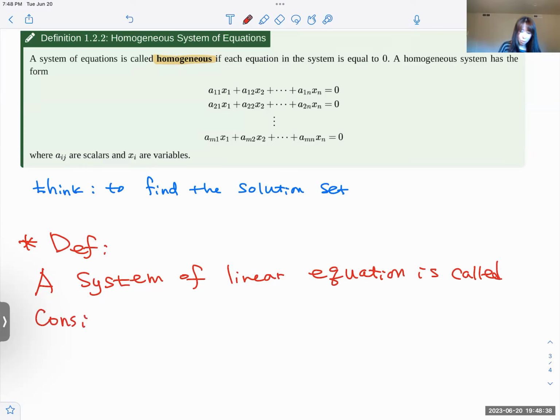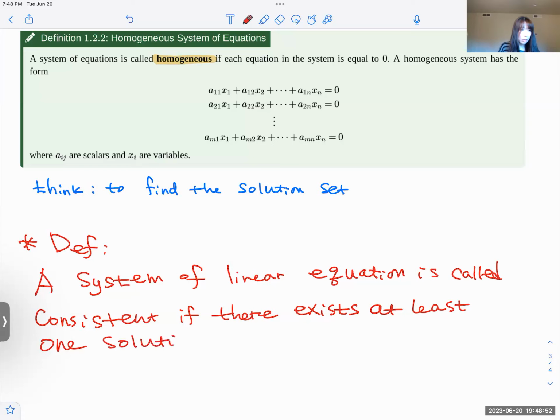What does consistent mean? If there exists at least one solution. So at least one means we start from one and more, right?